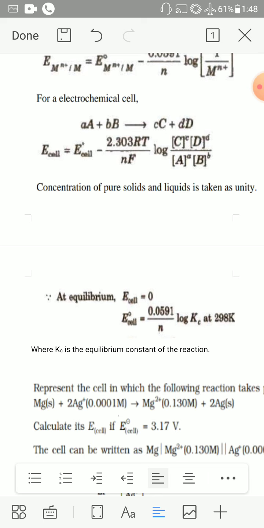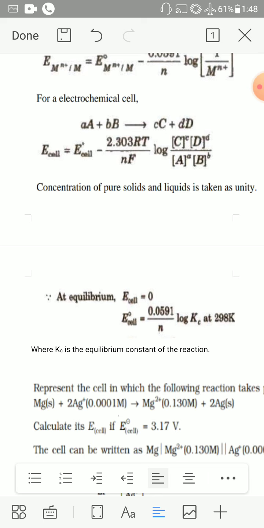So the relation between E0 cell, that is the standard cell potential, and the equilibrium constant for the above chemical reaction is that E0 cell is equal to 0.0591 divided by n into log Kc, where n is the number of electrons exchanged.